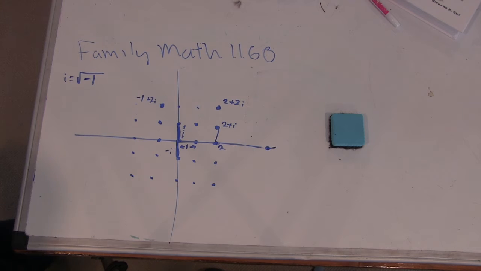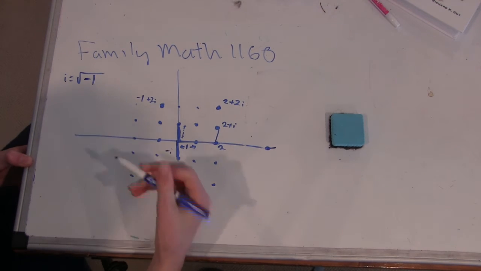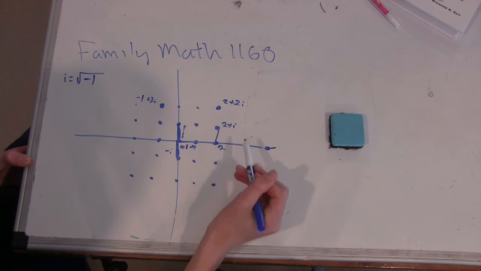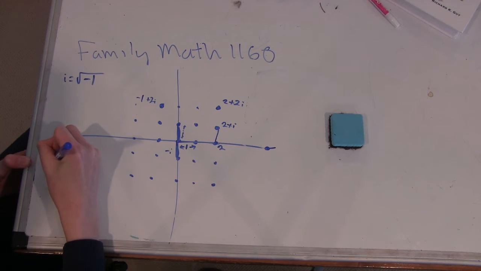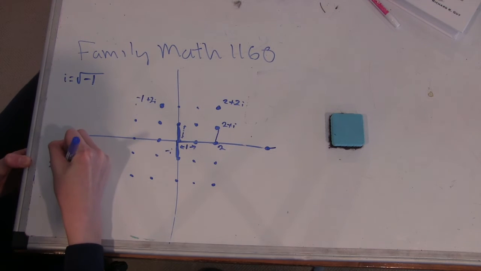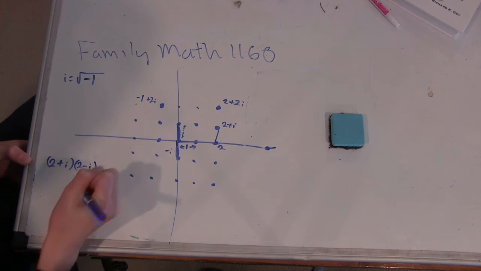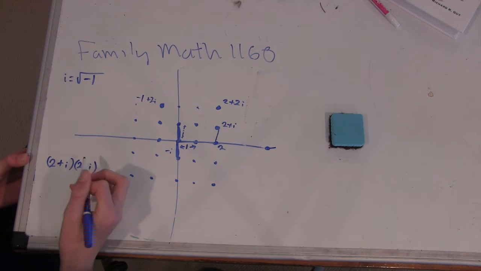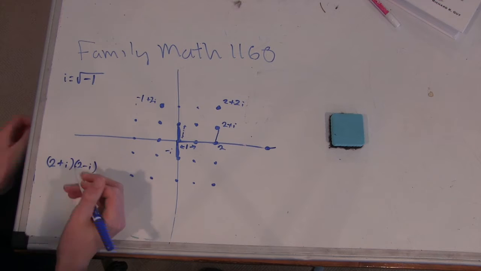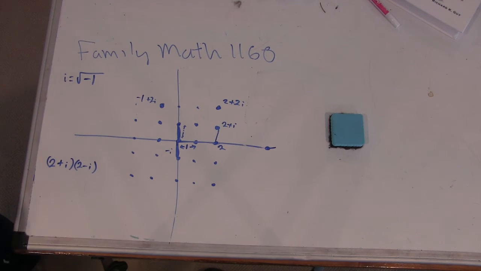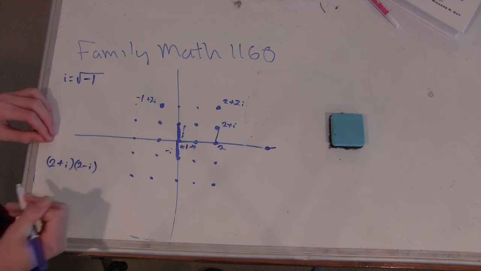With that, could you do, let's see, if you did 2 plus i times 2 minus i, you know the i terms would cancel because you have a plus i and a minus i.